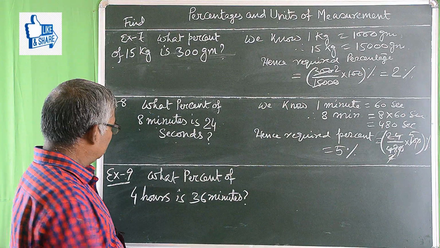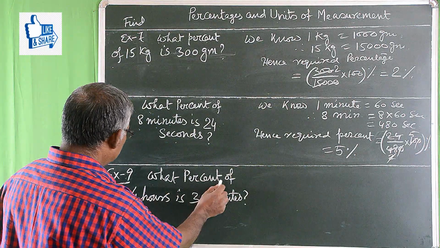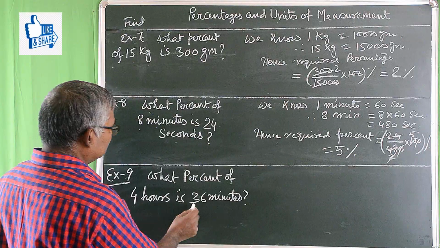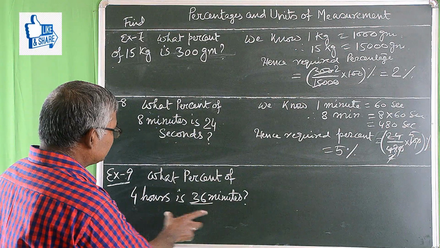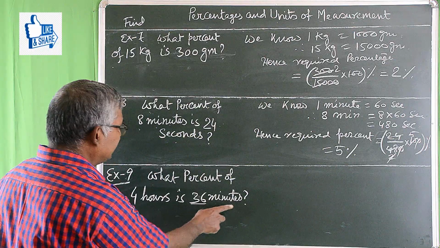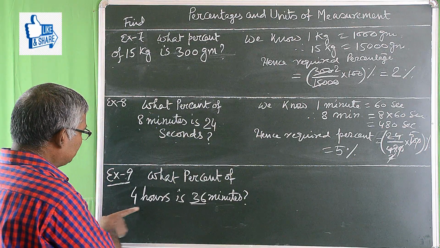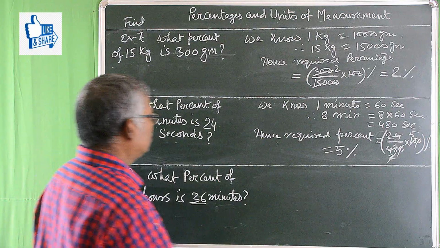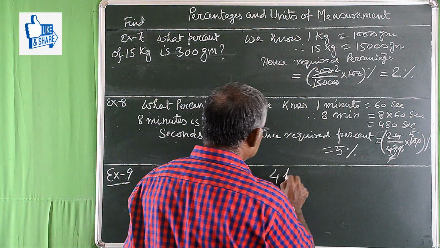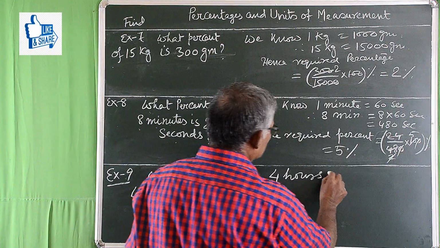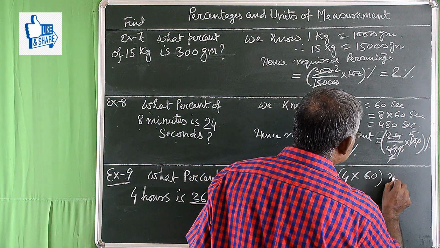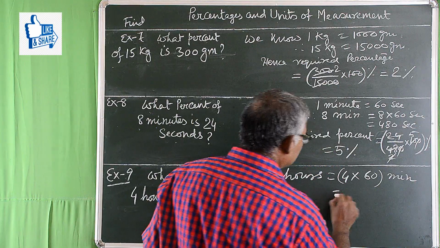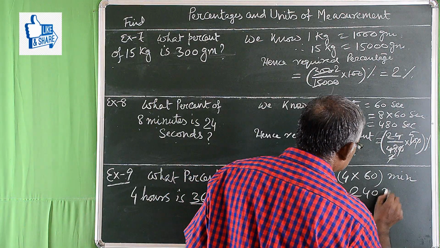Students, here consider what percent of 4 hours is 36 minutes. Students, both the units are not same. Here it is given in minutes and it is 4 hours. So 4 hours means equal to 4 into 60 minutes, that is 240 minutes.